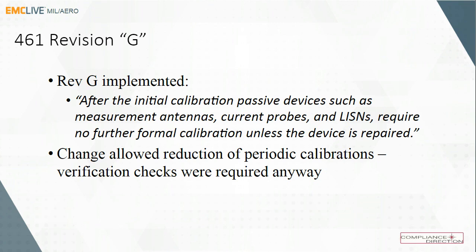So with that came about an exemption here, and so we needed to be able to see, does it need repair? The whole idea was that we can reduce a lot of these things that typically are not changing in the way they perform. So this change allows a lot of periodic calibration reduction and some cost savings passed on to the laboratory.